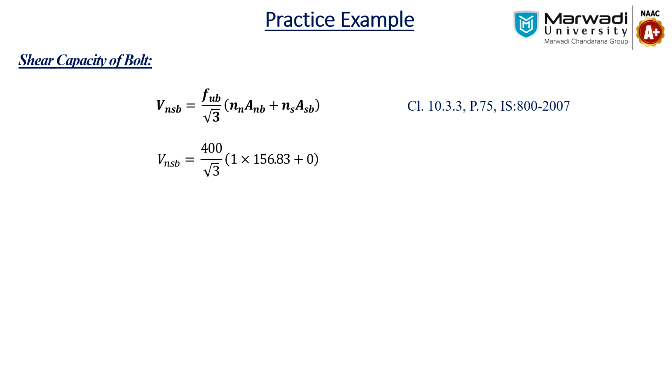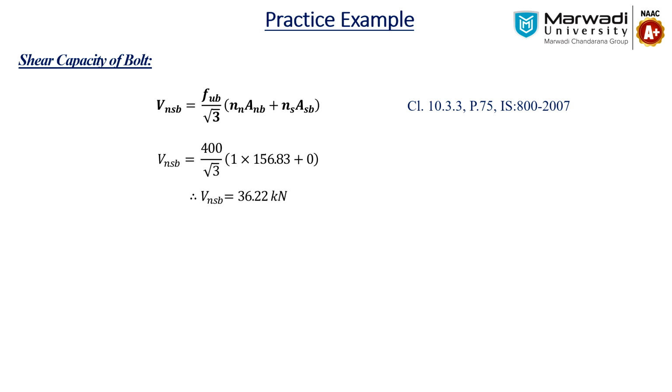And Anb we have to take as 0.78 times pi by 4 d square. Asb, the shank area, is the plain area, so it is pi by 4 d square, and here Anb is the area of the thread, which is approximately 22% less, so it is 0.78 times pi by 4 d square. So the value is 36.22.